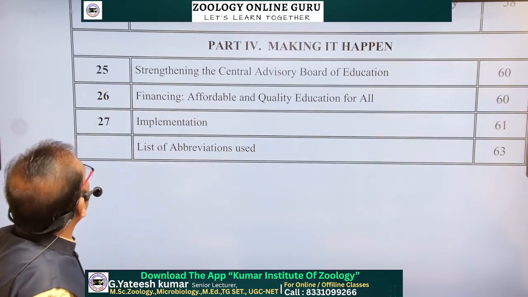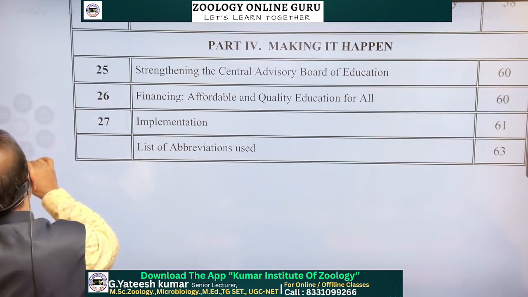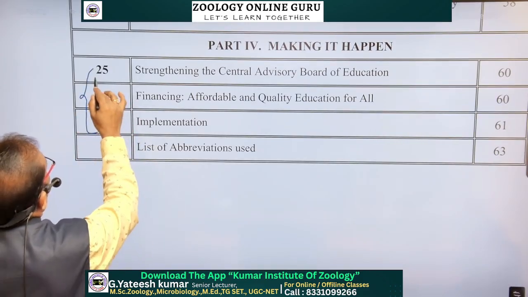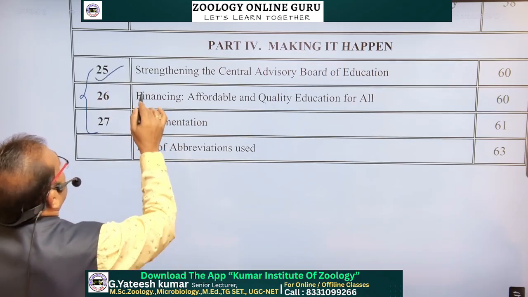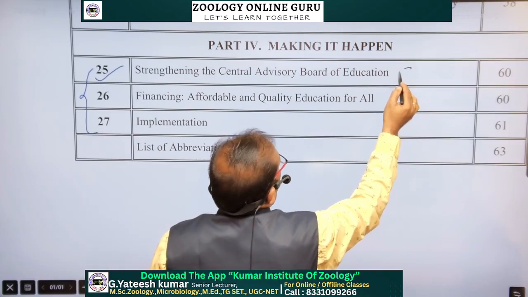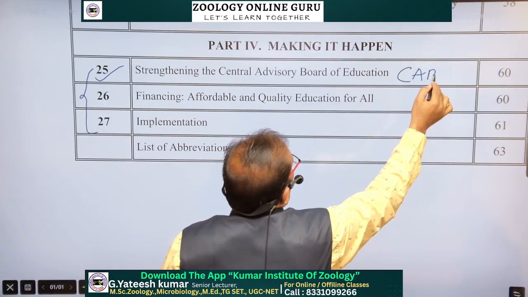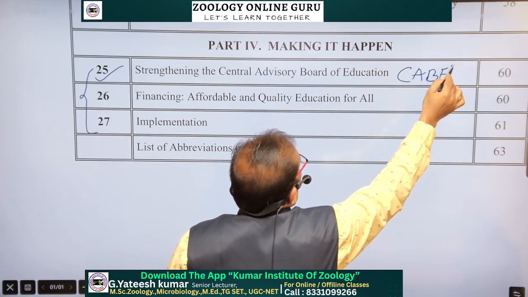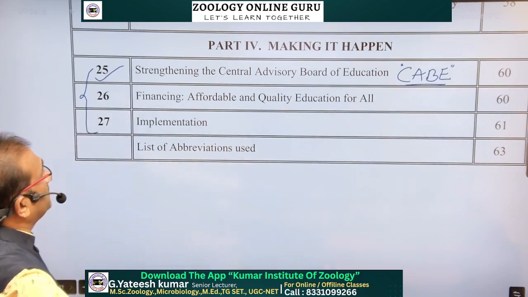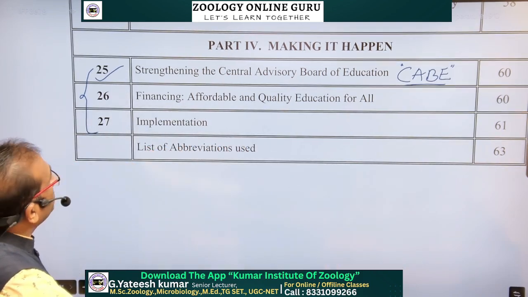And lastly, part 4, making it happen. Here only three chapters are present. Chapter 25, strengthening the Central Advisory Board of Education, CABE. So strengthening this CABE.